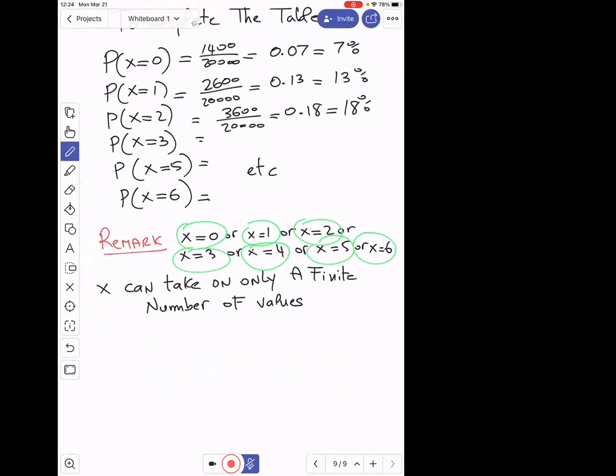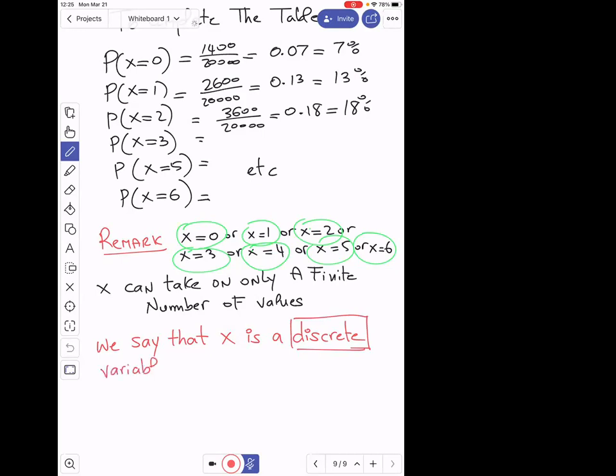So we say that x is a discrete variable. The new terminology here is the word discrete.